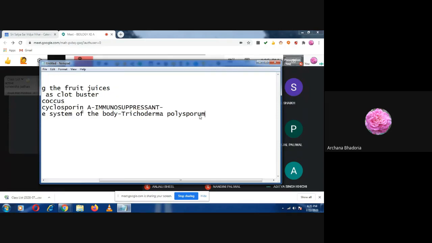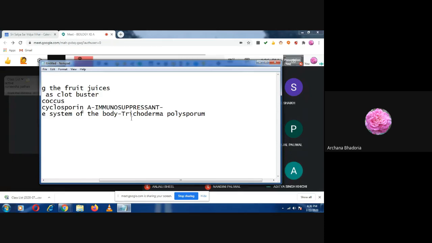Okay, all have understood the name of the microbe from which we get cyclosporin A? Aditya, repeat the name of the organism. Ma'am, Trichoderma polysporum, and it is a fungus.